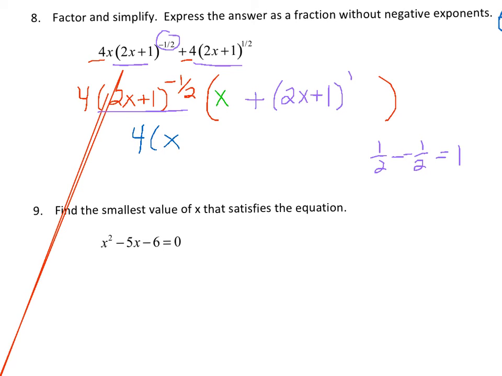We can actually combine some like terms there. So that'll become 3x plus 1. And then the 2x plus 1 will go to the bottom, and that will have a positive 1/2 exponent. If you would rather express it as a square root, then that's also fine.